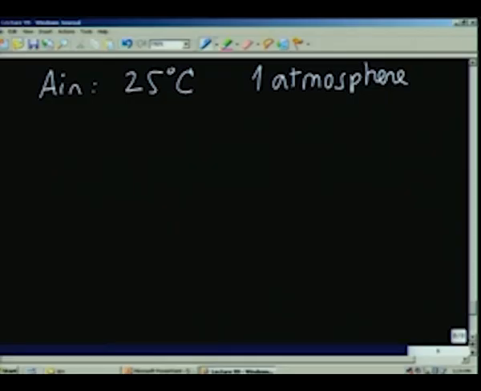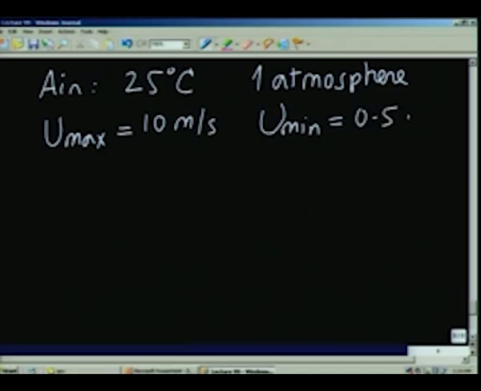So, the delta p is very small compared to the atmospheric pressure. The maximum velocity I know is about 10 meter per second, and the minimum velocity is about 0.5 meter per second. This is the measured value. I am going to measure such values.